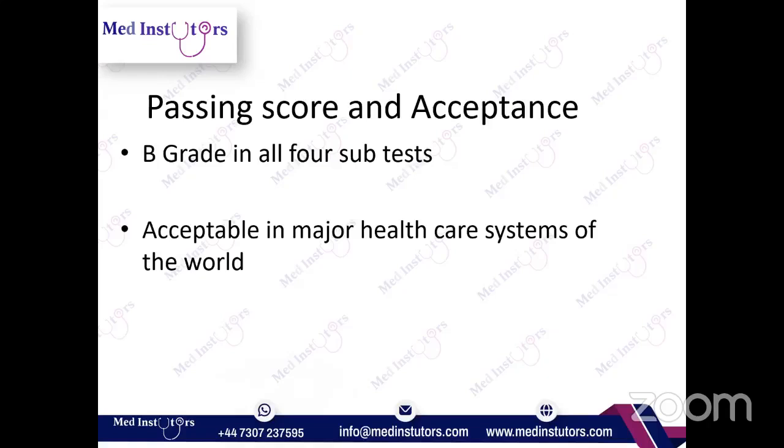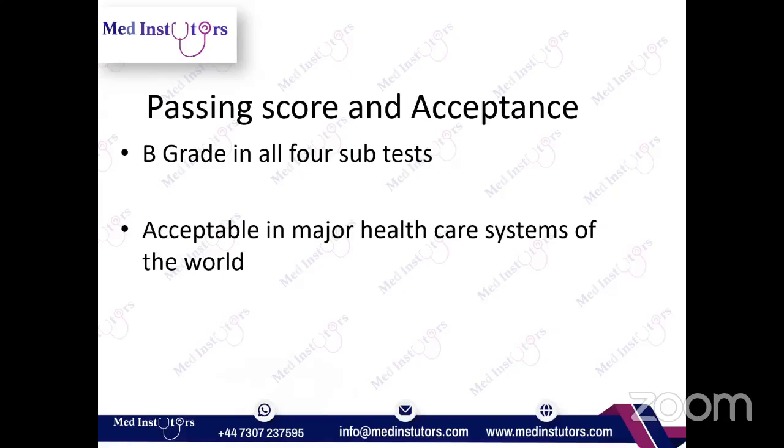As I've already told you, you have to score a B grade in all of the four subtests to be declared a successful candidate of your OET exam. B grade is the minimum requirement. Above B grade you can score as well, but B grade is the minimum.